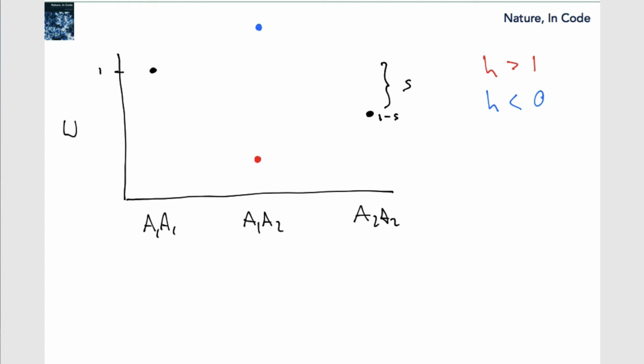And then there's a third possibility, and we've actually already looked at that. That is if h is neither of those. So h is, on the one hand, positive, so larger than or perhaps equal to 0. And on the other hand, it is not larger than 1. So it's somewhere between 0 and 1. And that means it's somewhere in this range.